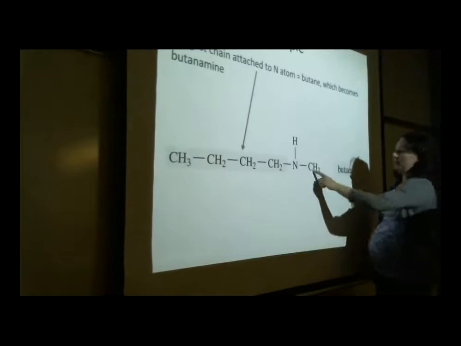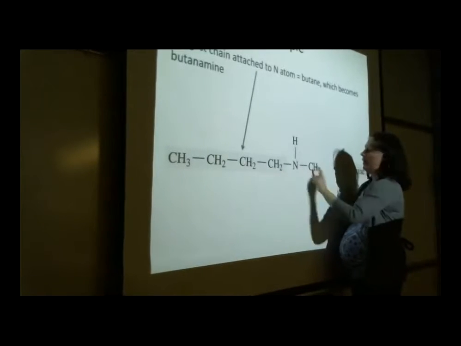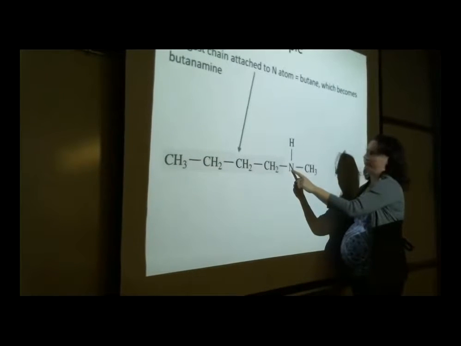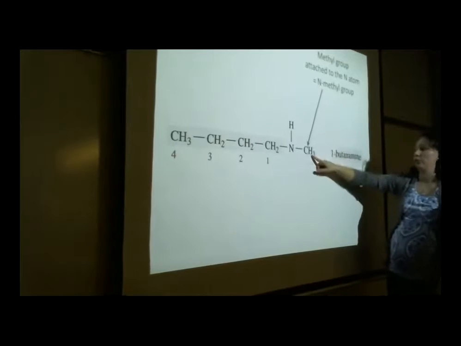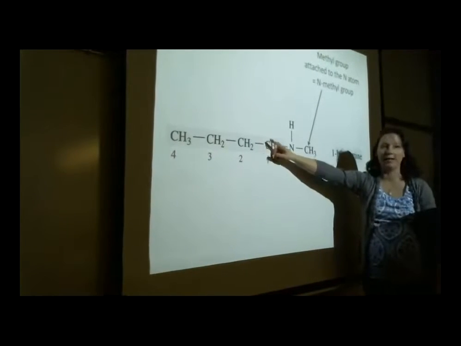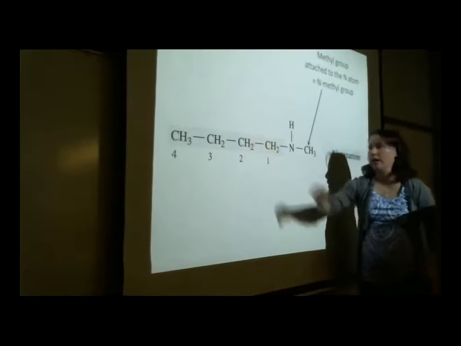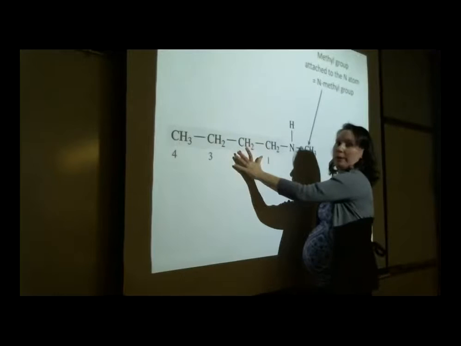But this CH3 isn't attached to the chain over here, is it? It's attached to the nitrogen atom, okay? So it's called an N-methyl group because it's a methyl group and it's not part of the chain. It's not like it's a substituent over here. If it were sticking up right here, we'd just call it methyl because it's part of the parent chain.